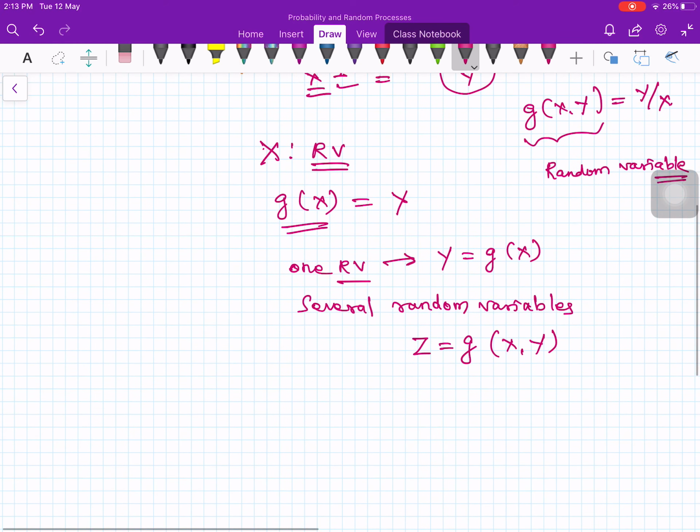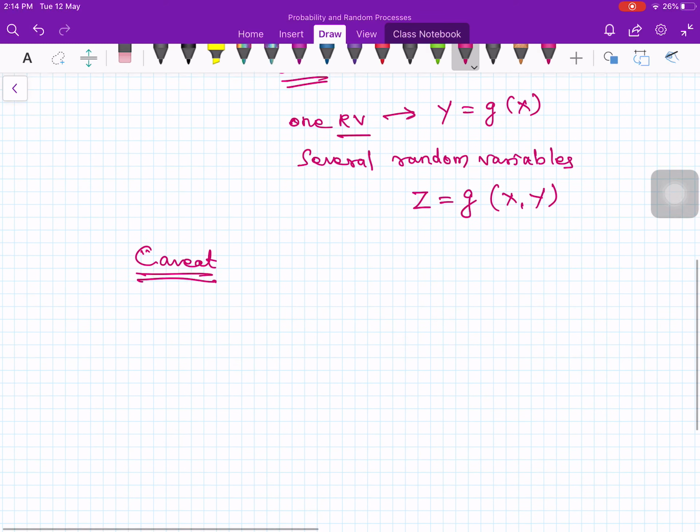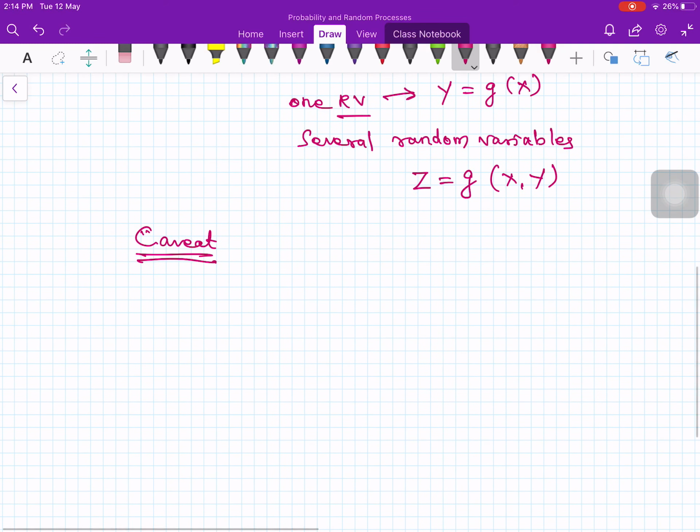Okay, a caveat, however: there is an important case where you don't need to find the distribution of that random variable. So there are certain situations where we don't need to find the distribution of that function of a random variable. When do we not need to find them?